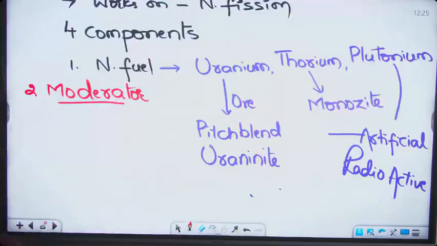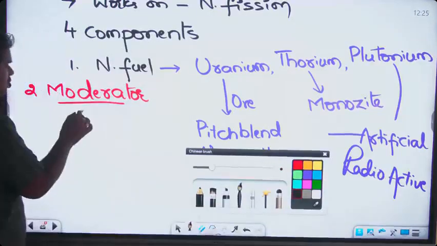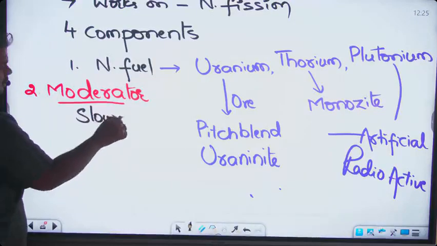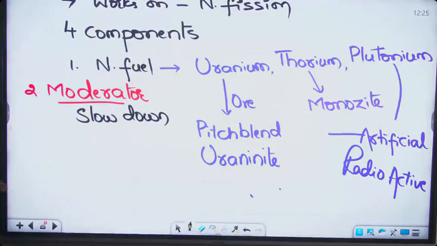So what is a moderator? Moderators are used to slow down fast moving neutrons.